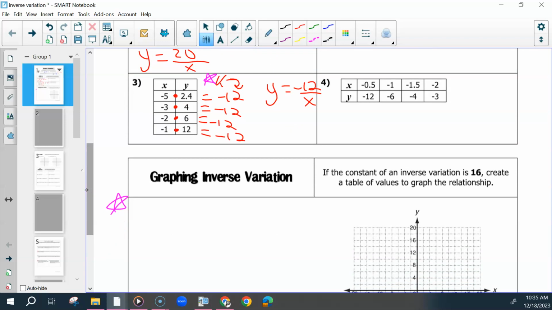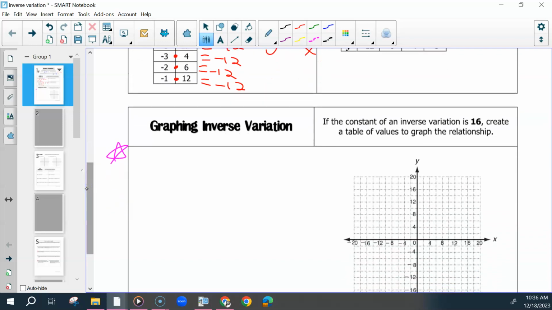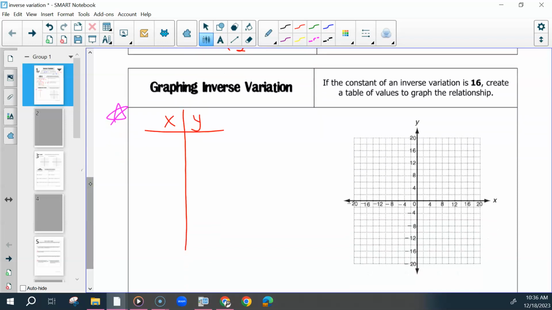Now, this next part, you're not going to have to graph it. We're going to graph this one, but this is just so you see what this looks like. So if we have a constant that is 16, we have to think of numbers that we can multiply together to get 16. What would those numbers be? What will give us 16? 2 times 8. 2 times 8, 4 times 4.